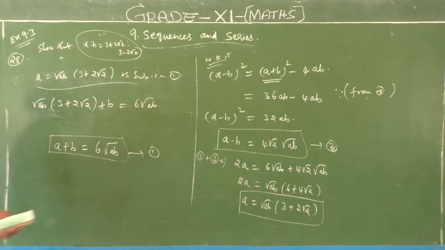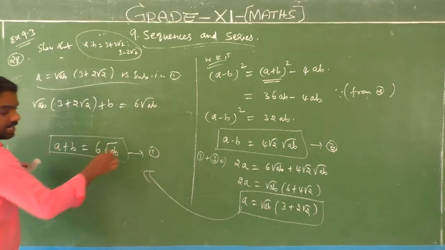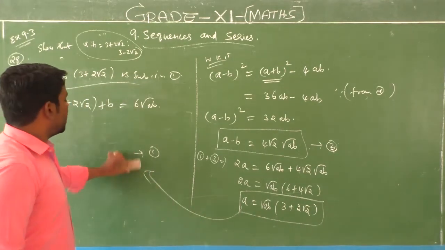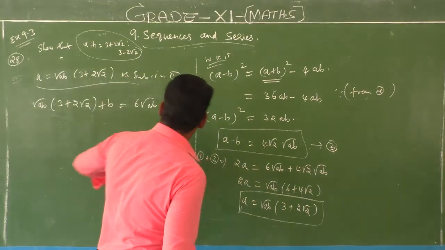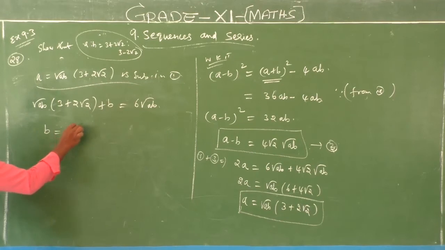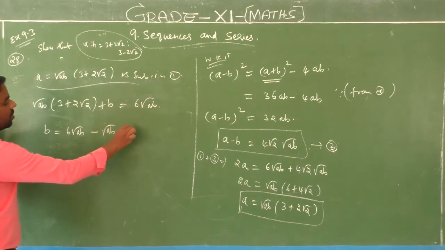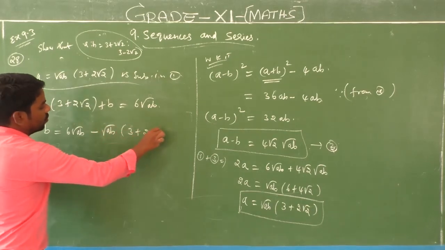We have the final answer for B. So B is equal to 6 root AB minus root AB of 3 plus 2 root 2.